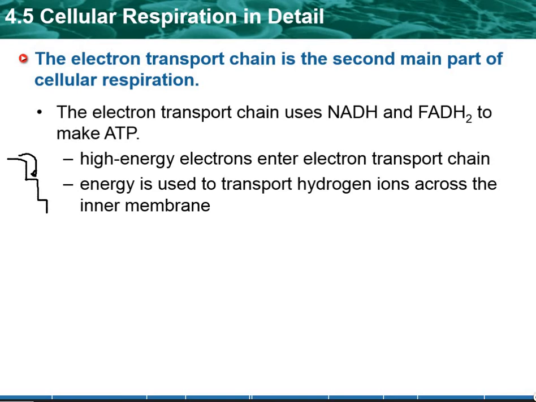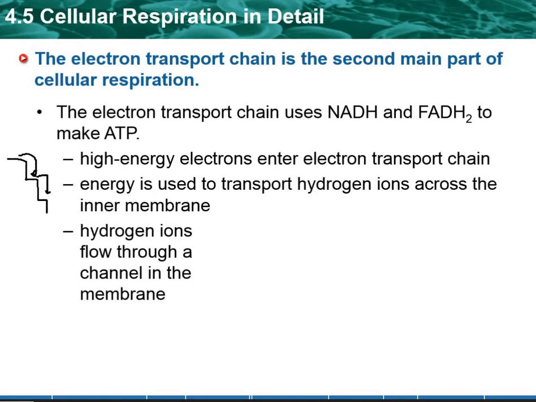On each jump down, it's going to release energy. You're going to use that energy to attach a phosphate to an ADP. The energy is used to transport these hydrogen ions across that inner membrane.